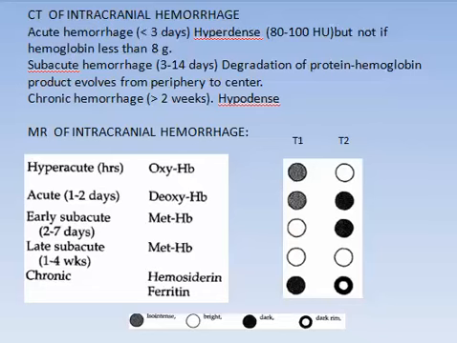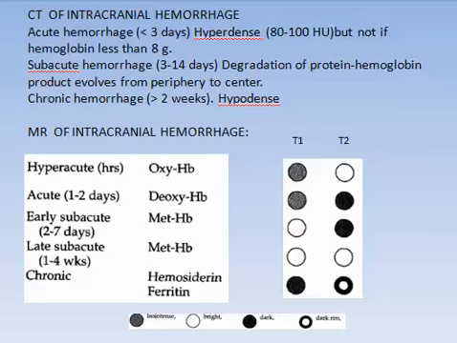In subacute hemorrhage, 3 to 14 days, there is degradation of protein hemoglobin products evolving from the periphery to the center, and more than 2 weeks it is chronic hemorrhage behaving like CSF, hypodense.